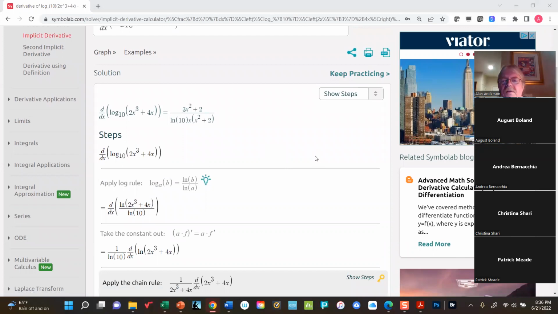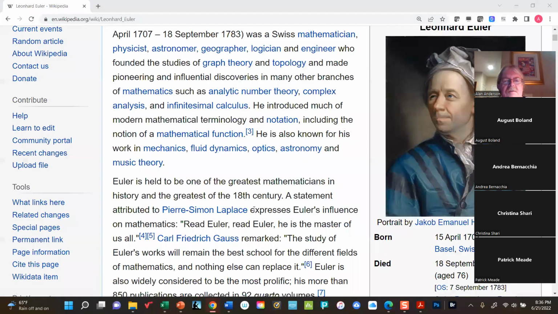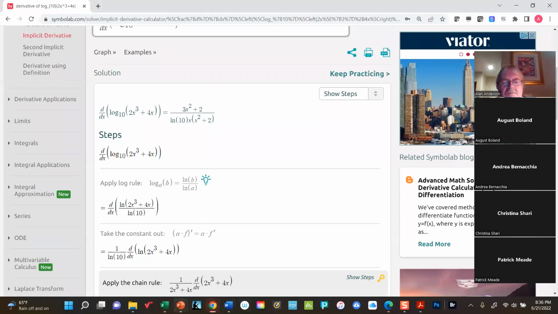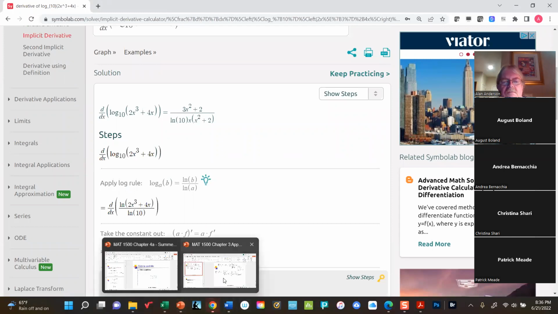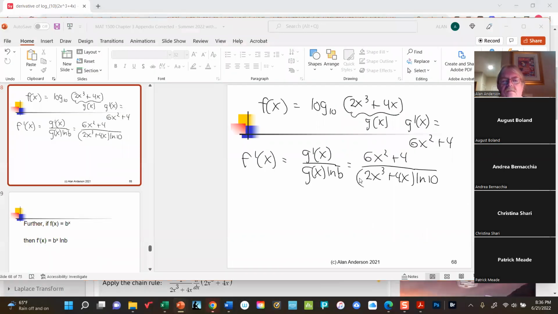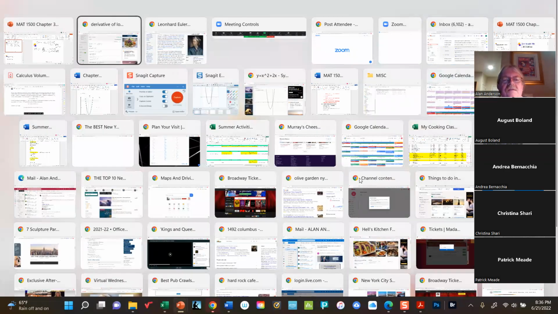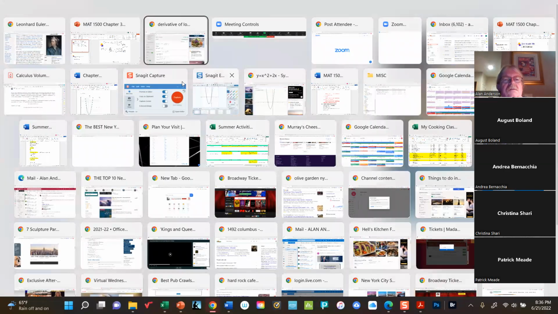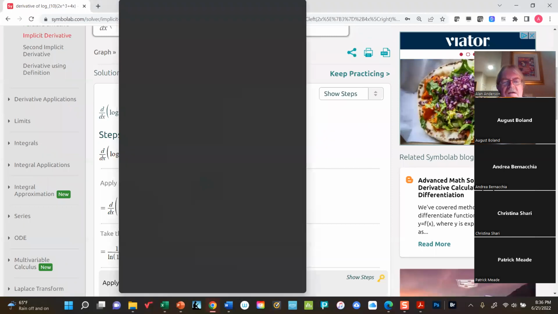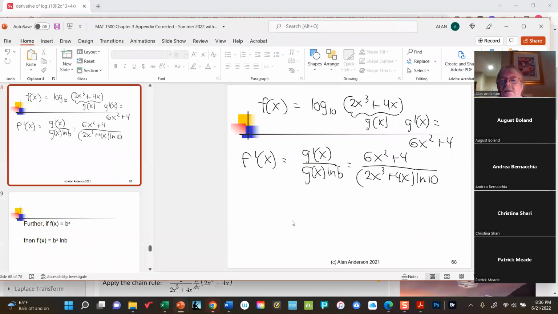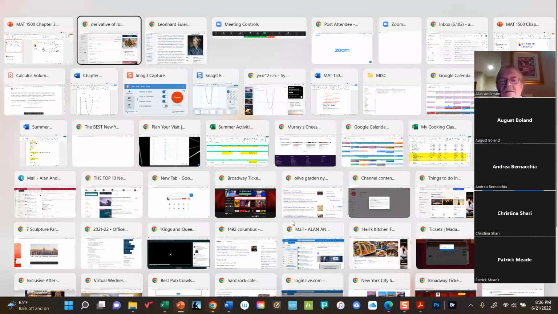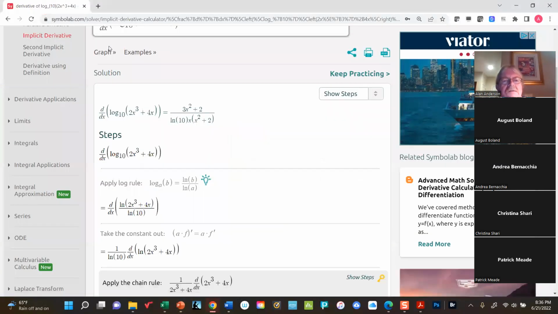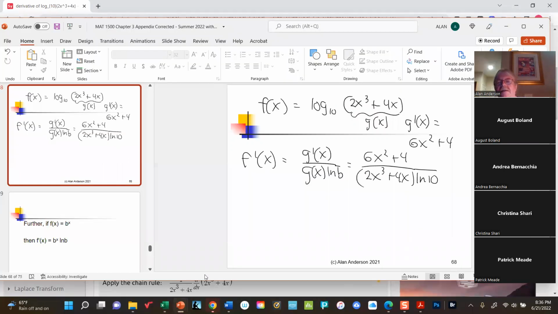So it's got 3x squared plus 2. Oh, you know what they've done? Hold on one second. Looks like they simplified it, which I did not do. You see what I mean? You got 3x squared plus 2. So in other words, let's go back to this for a second. You can see we can divide the numerator and the denominator by 2.